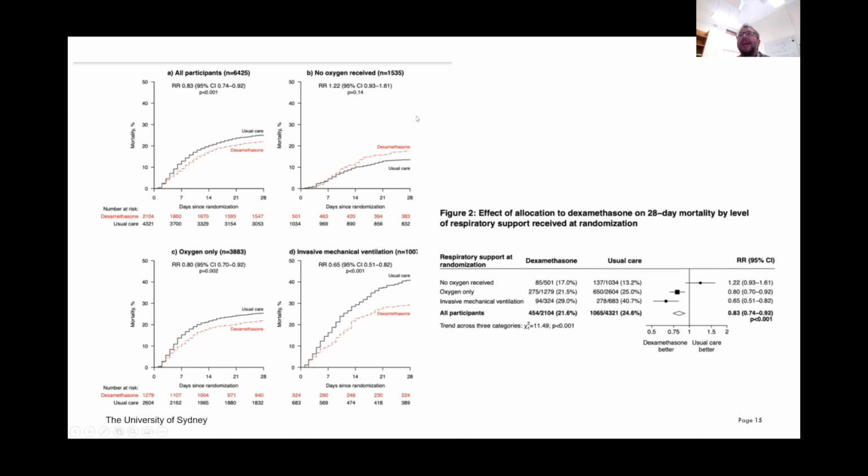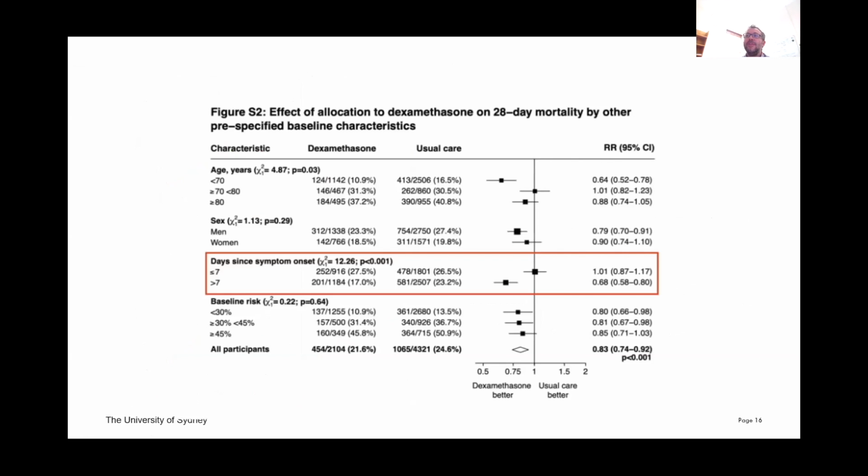But interestingly, for patients who are not severely unwell and not even requiring oxygen therapy in hospital, there was a suggestion that patients who received dexamethasone may have actually done worse than those receiving the standard of care, which is of concern.